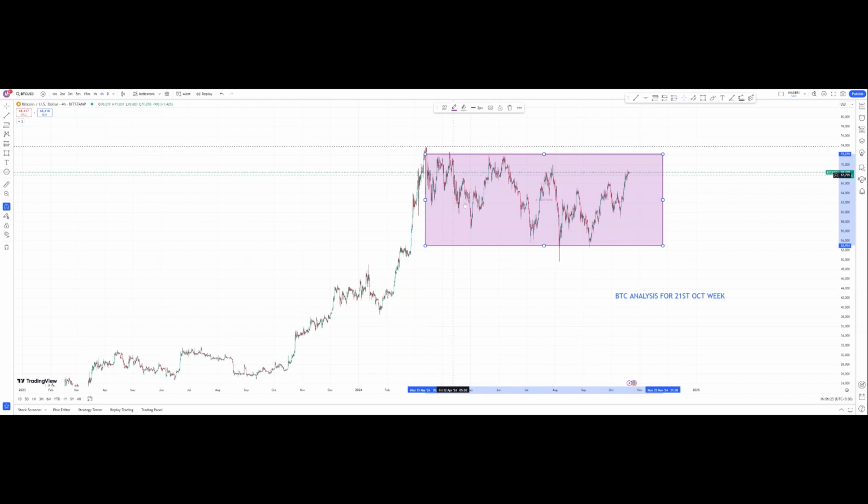The entire market is moving under this box. But again, this box is huge because we are now on the 4 hourly time frame, and this box is around 20,000 points, right?